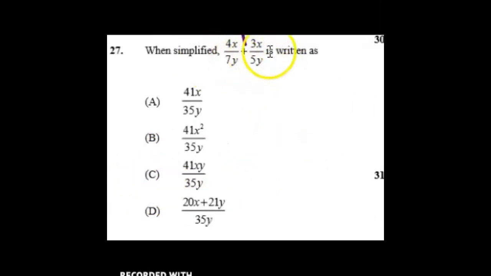This is a fractional algebra, so here we have 4x over 7y plus 3x over 5y. We need to find our LCM. We have 7 and 5, so our LCM would have been 35y.